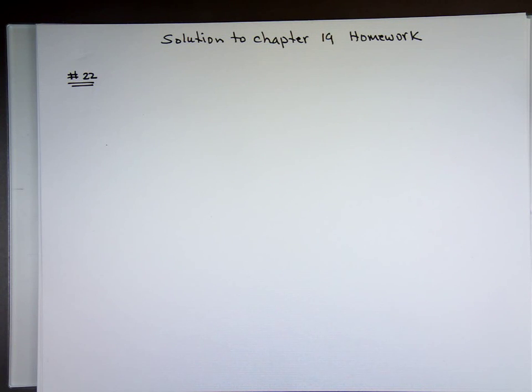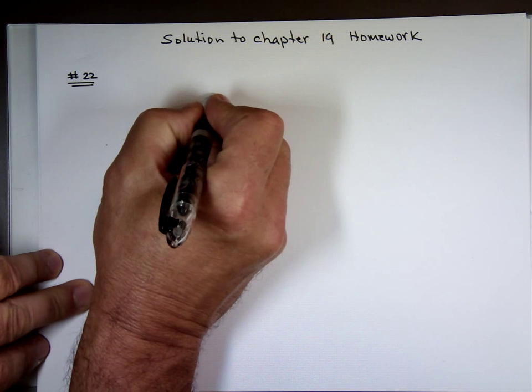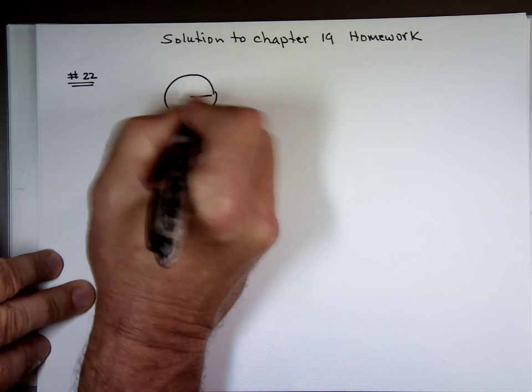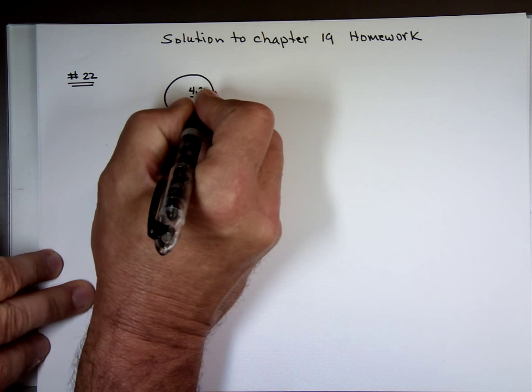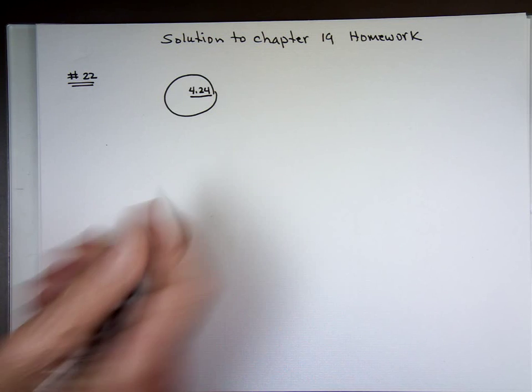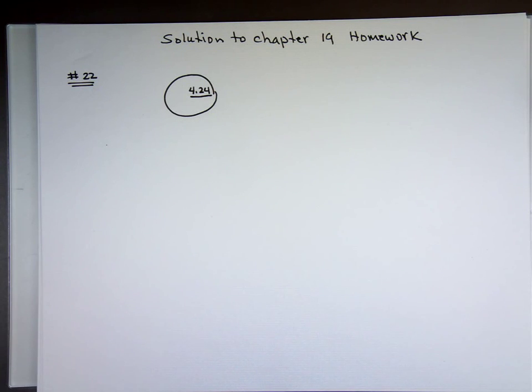I have a sphere. The radius is 4.2 centimeters. It has a uniform surface charge density per meter squared.